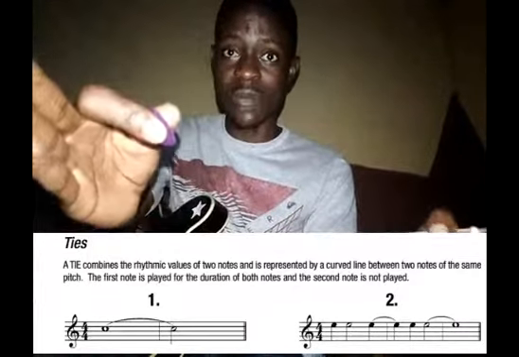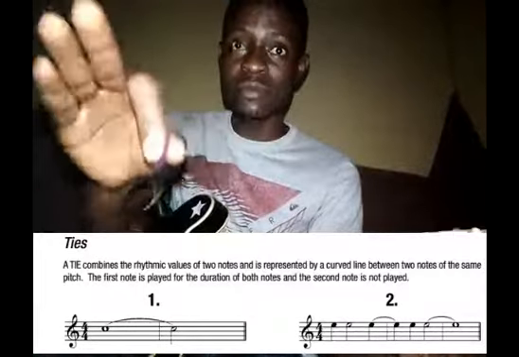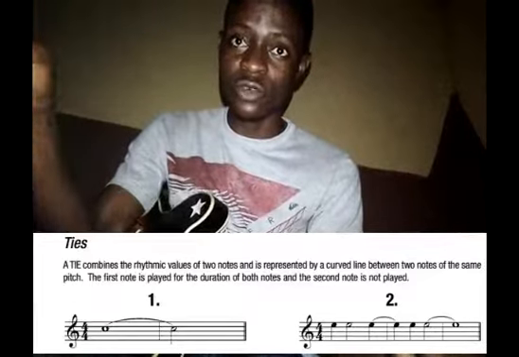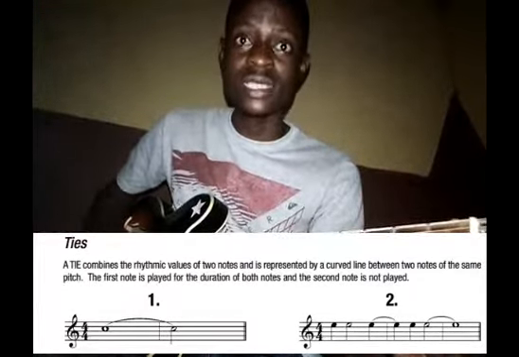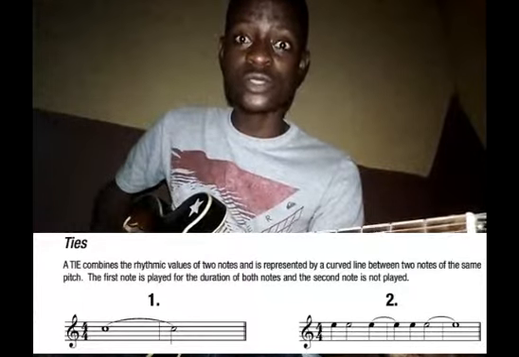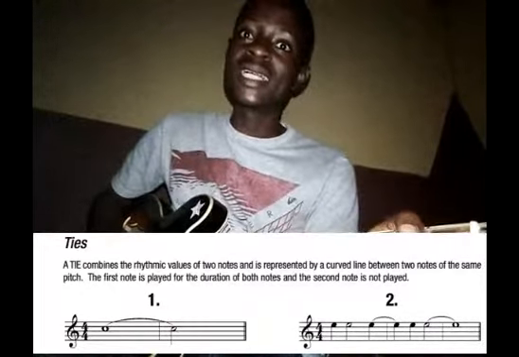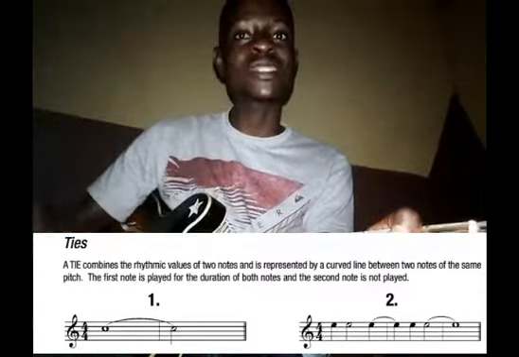Then the second example, you can see them. They are E notes throughout. They fall on the third space. So the first one takes 1 beat, then the second one takes 2 beats: 1, 2. Then the third one and the fourth take 1 beat each, but you can see a tie on them, which means you will play the first note, and that first note will represent the second note.